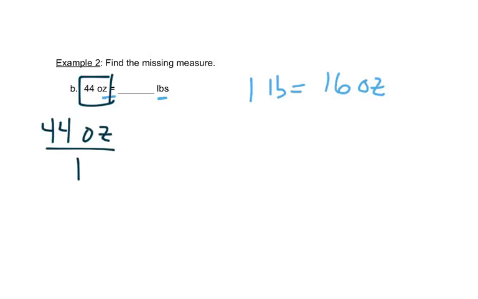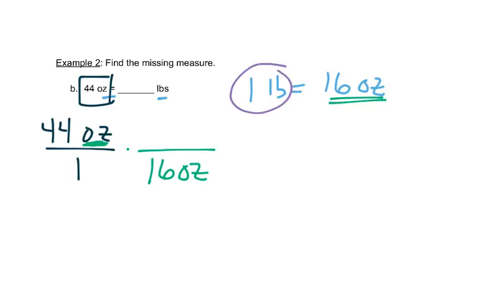It's always over 1 because 44 over 1 is the same as 44. We can put a 1 on the bottom and it doesn't change the value. Times, then we'll write another fraction here. Now here we have ounces on the top, so we want these ounces to be on the bottom. So we'll put 16 ounces on the bottom, and that leaves the other side to go on the top, 1 pound.